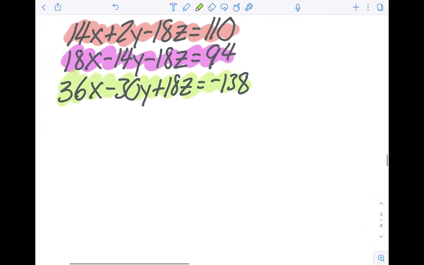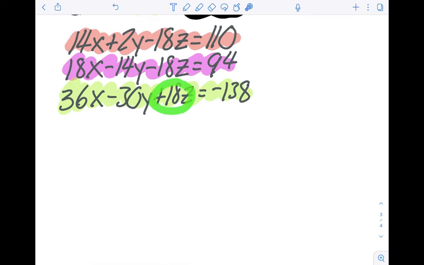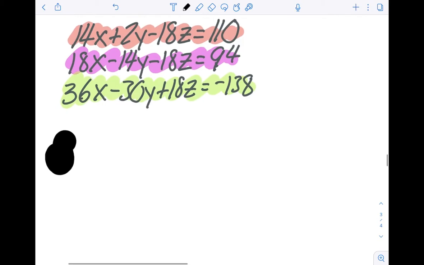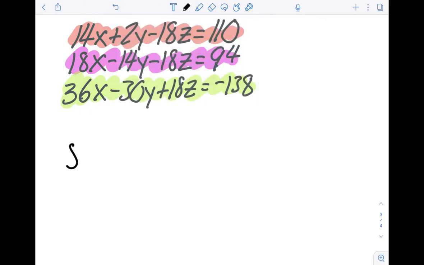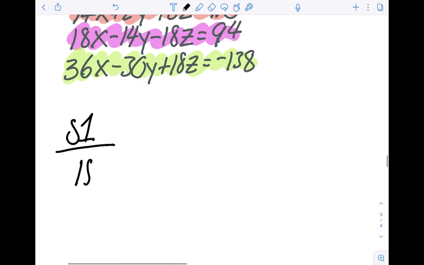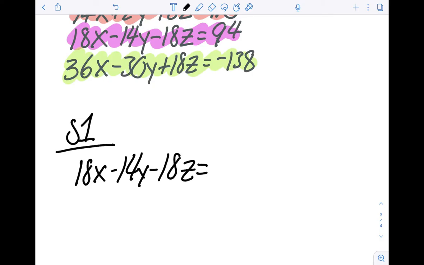So let's start with step 1. Step 1 is I'm going to choose 2 equations that will cancel. So I know I'm going to pick 18 for sure, and I'm going to pick this negative 18. So I'll go with pink and green. So step 1, pink and green: 18x minus 14y minus 18z is equal to 94.